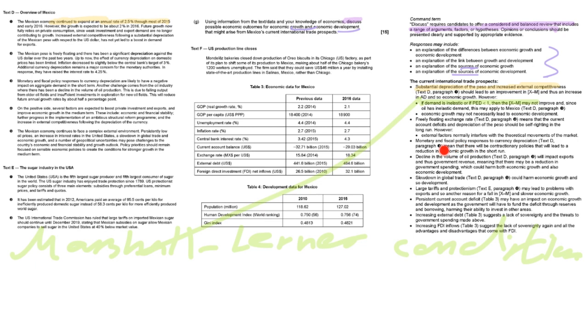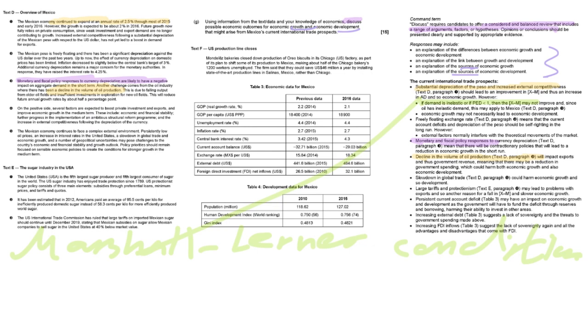There are lots of different monetary and fiscal policies that you might mention here, so you might mention all these. Also you can talk about the decline in the volume of oil production as mentioned here. There are a lot of things that you might mention in these answers.